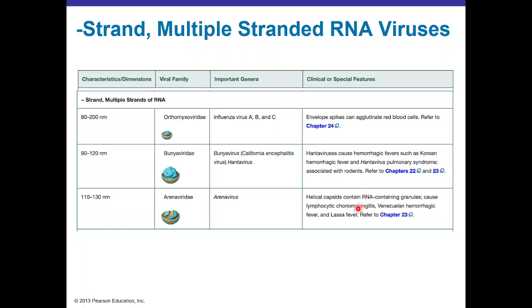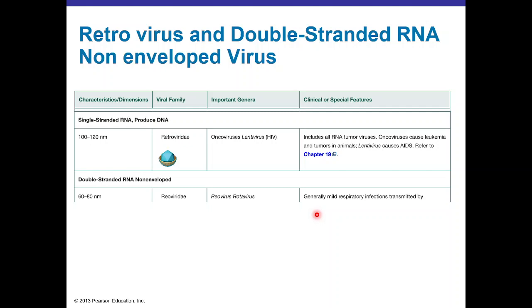That's why it's important to clean every canned food you will be ingesting from really well. And in the case of Arenaviridae, we have Venezuelan hemorrhagic fever, Lassa fever, and lymphocytic choriomeningitis. So basically, these will be infections of the brain tissue.